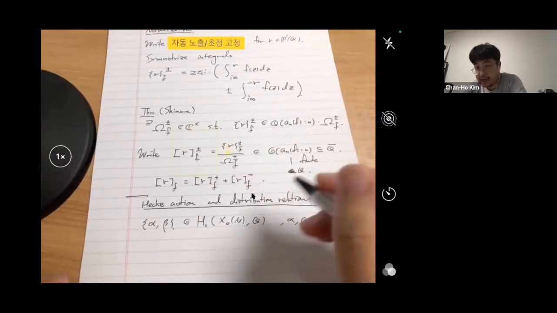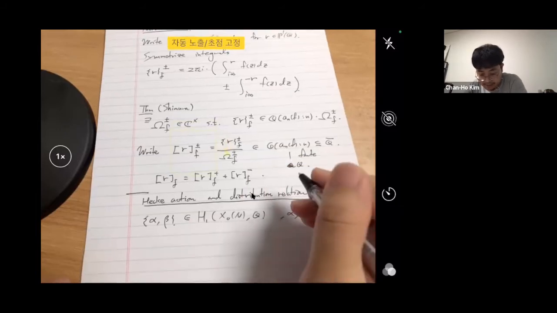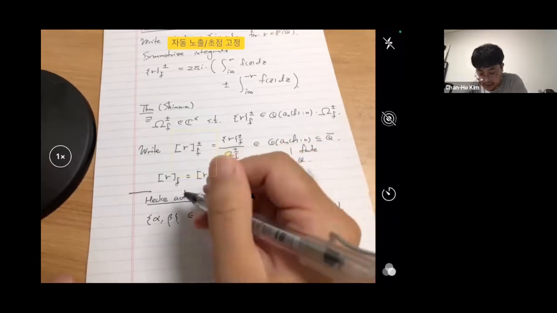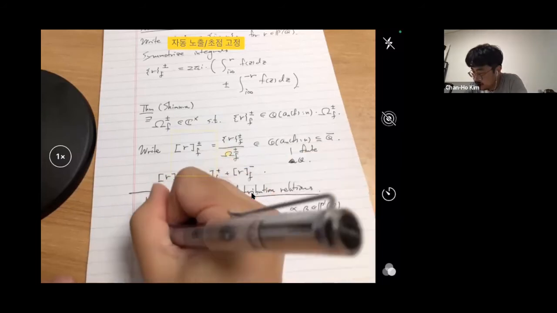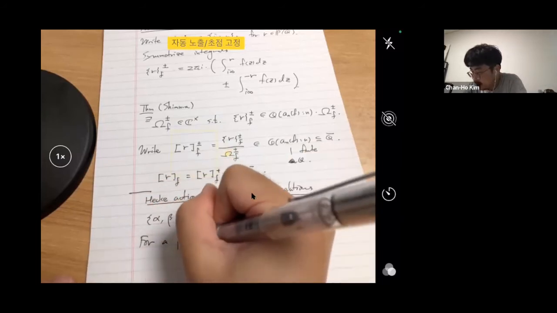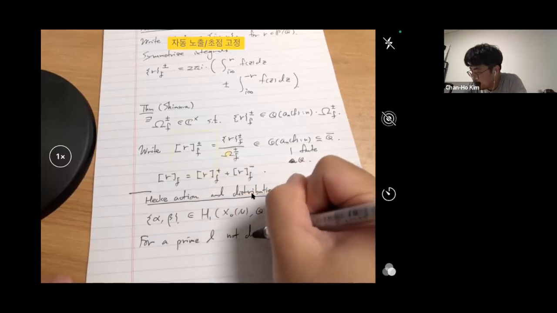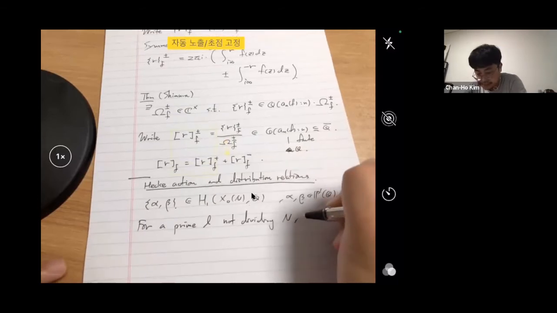And this element satisfies the following Hecke relation. This type of formula you've already seen in Francesca's lecture, for prime l not dividing the conductor.